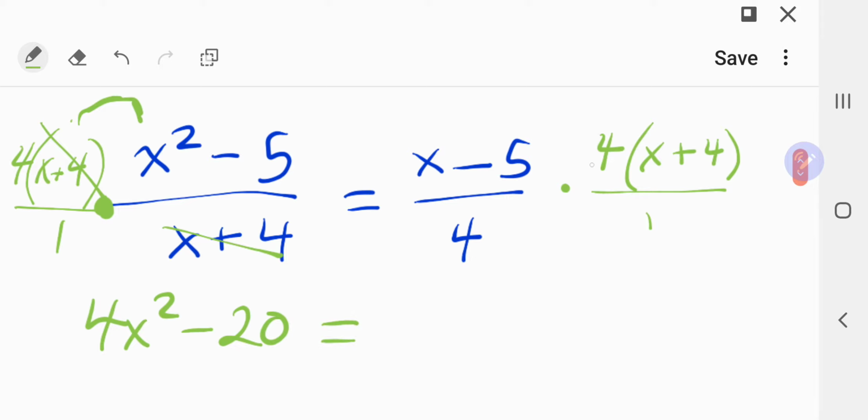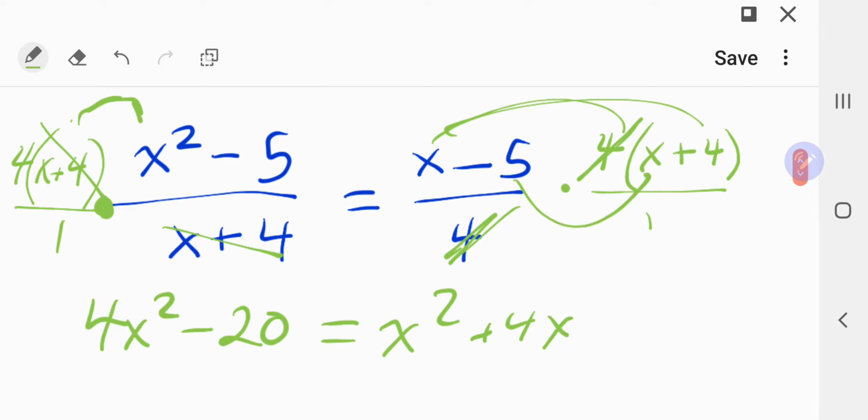And on this side, the 4s simplify, and now we just get x squared, 4x, negative 5x. Okay, I'm going to change this to negative 1x. And negative 20. Oh my.